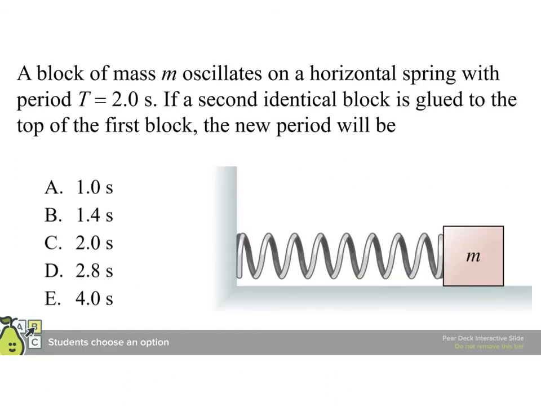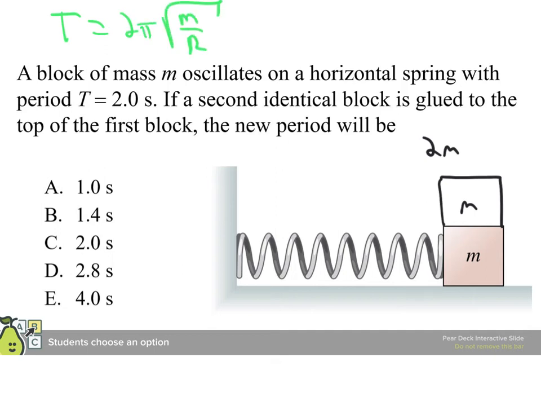A block of mass m oscillates on a horizontal spring with a period of 2 seconds. If a second identical block is glued to the top of the first block, the new period will be which of these? Well, clearly now we have a total mass of 2m. So we go back to the period, which is 2 pi times root m over k.